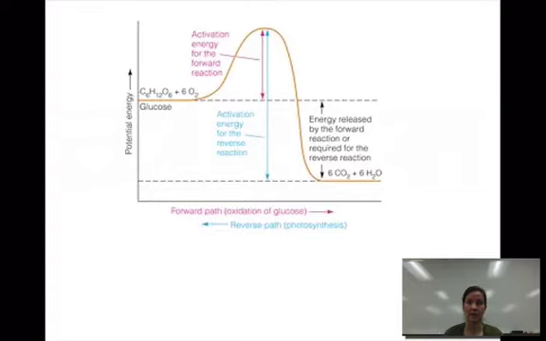Okay? If you start with glucose, there's enough energy available to get to the activation energy, which is the peak, and then your products are formed. But if you have it the other way, if you have those CO2 and H2O as your reactants, there's enough energy available to get back over the reaction hump and back to glucose.